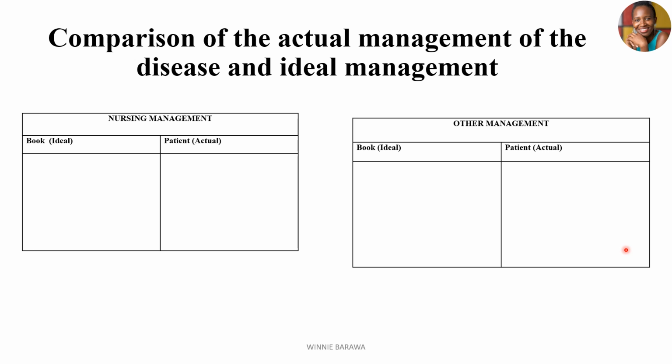So you're able to compare the actual treatment or management that we are doing on our client with the ideal case that should be handled for this client. So if there's any management gap, you can bridge that early enough before you risk patient negligence or any management that can be missed out.